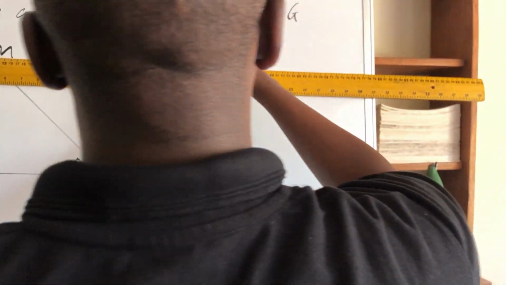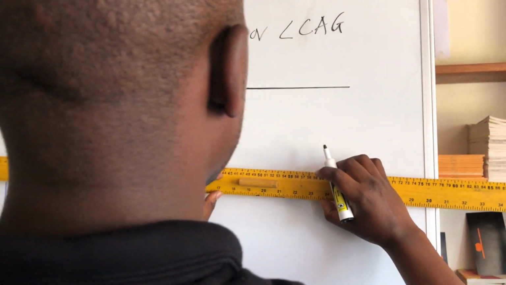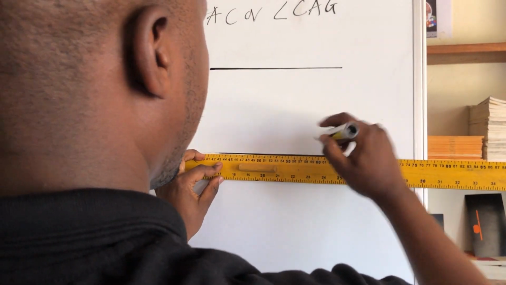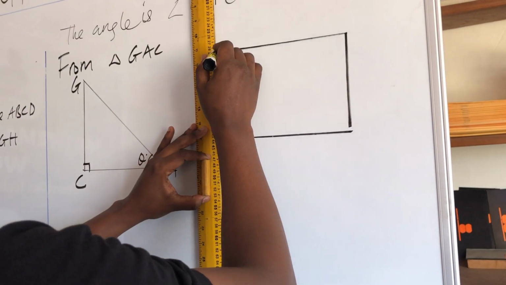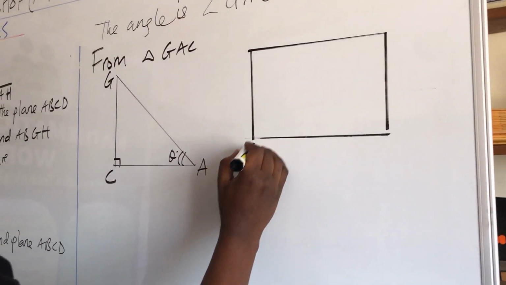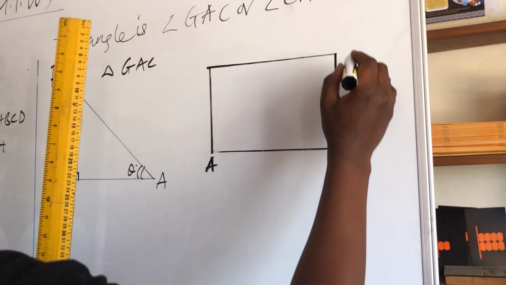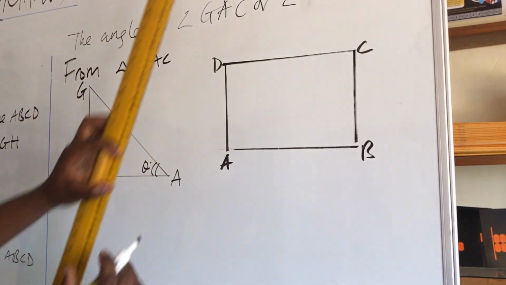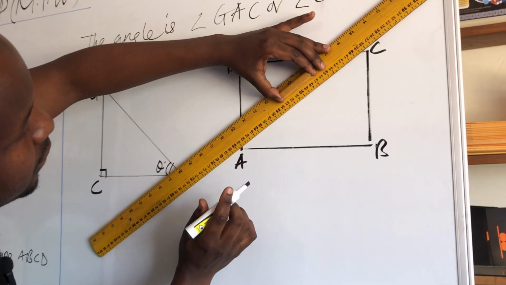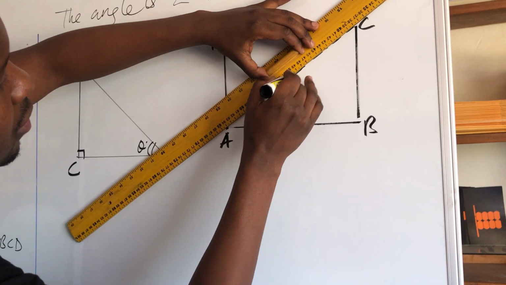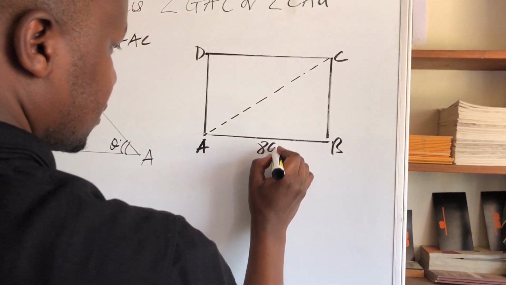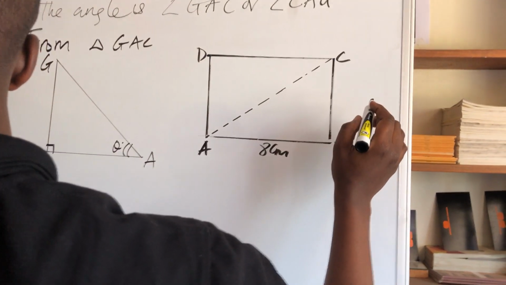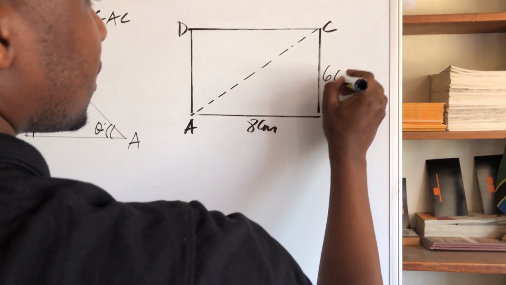Now we can draw the base again. This is our base, rectangular in shape, with A, B, C, and D. The diagonal AC is what we are looking at. AB is 8 centimeters, and BC, the same as AD, is 6 centimeters.